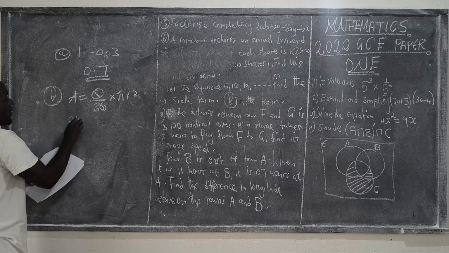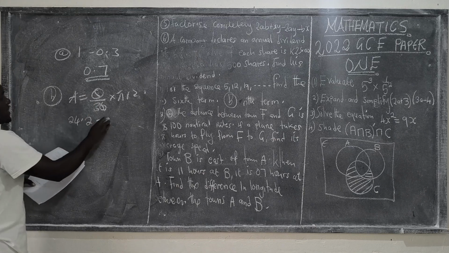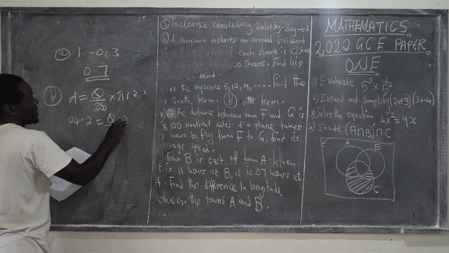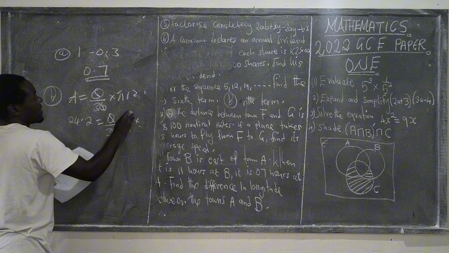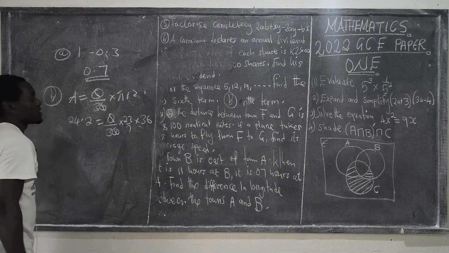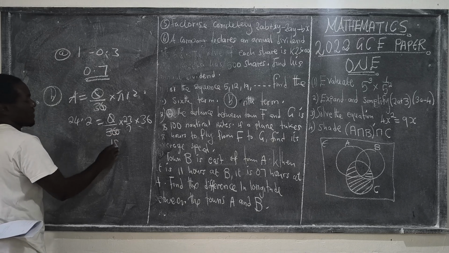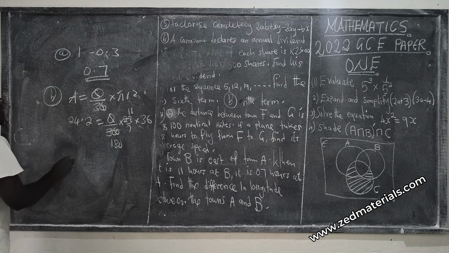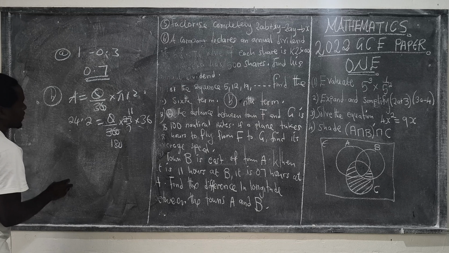So you say 24.2 is equal to theta over 360 multiplied by 22/7 multiplied by the radius 6 squared. So 6 squared, it will give us 36. So you can reduce. You say 2 here, that is 180. 2 here, that is 11. Then you now multiply. Okay. 180 multiplied by 24.2.